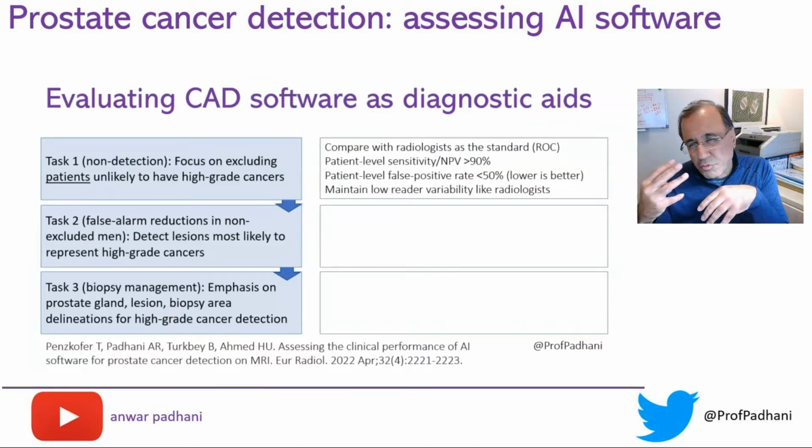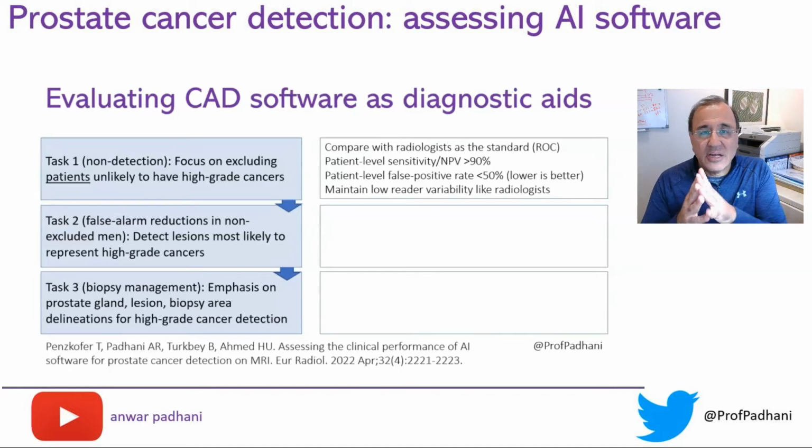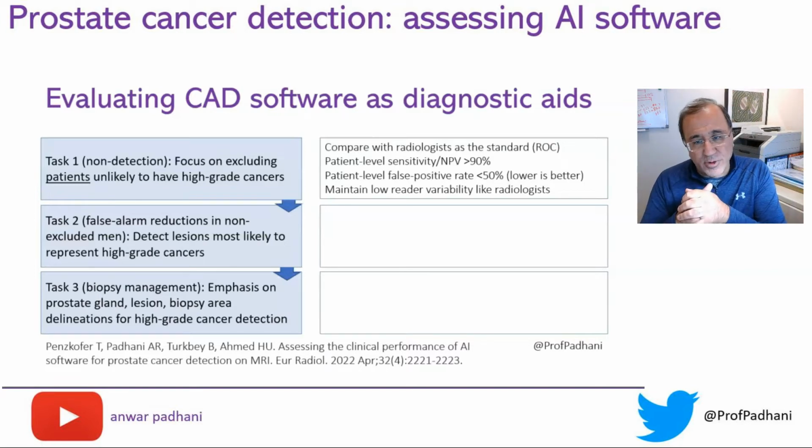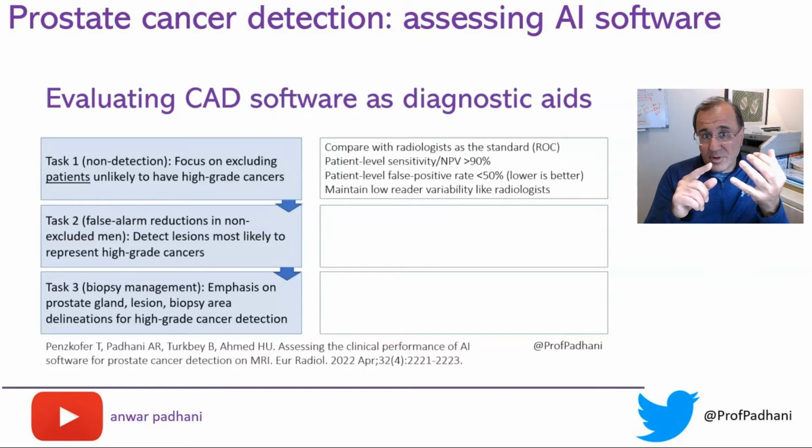So coming back to the three tasks that we discussed earlier. The first task was excluding patients who are unlikely to have clinically significant cancers. What sort of performance would you want at a patient level for an AI software? Here, remember, you have to compare yourself to other radiologists.